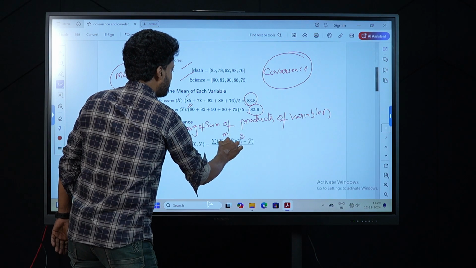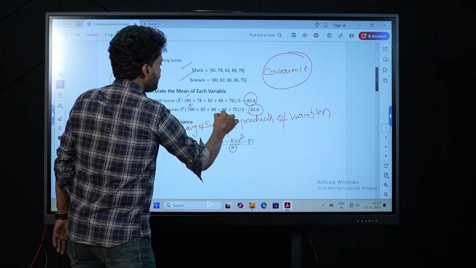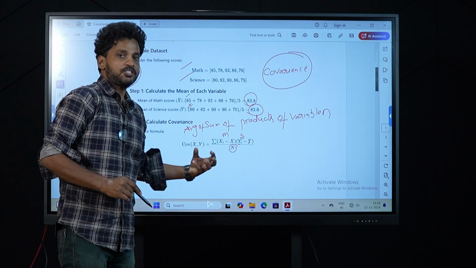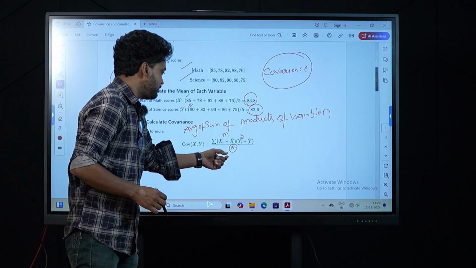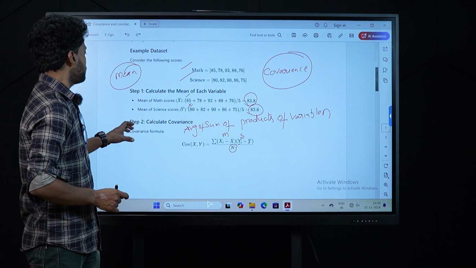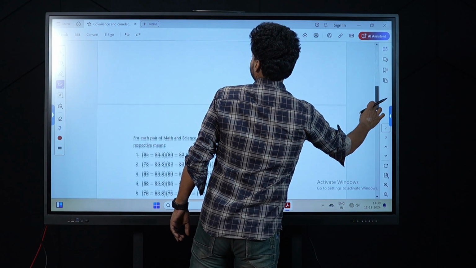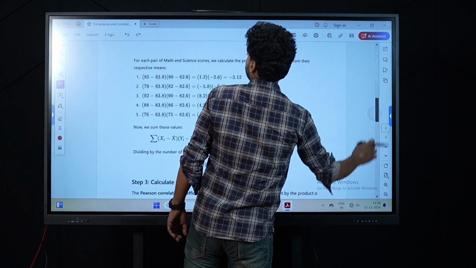We multiply these. The total sum of all these products, when you divide by n, is going to give you the covariance. For this, let us calculate the covariance completely.